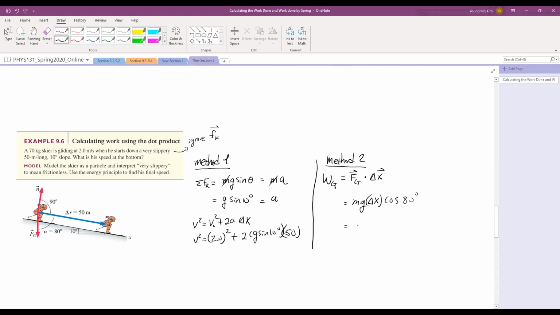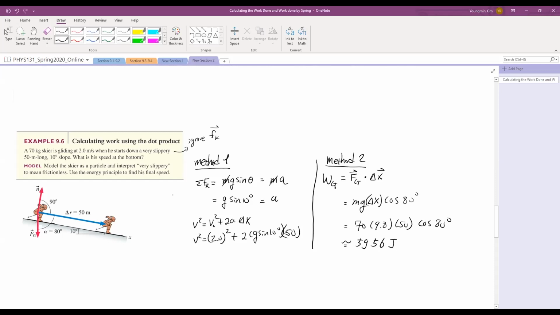Here, we're given 70 kilograms, 9.8, 50 meters, cosine 80, and we get about 5,090.56, and that is in joules.